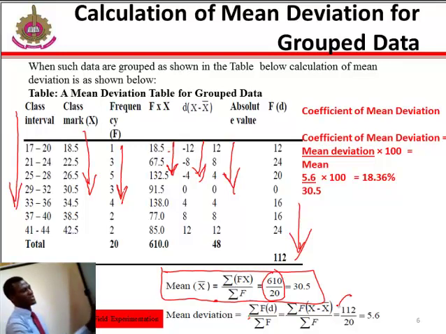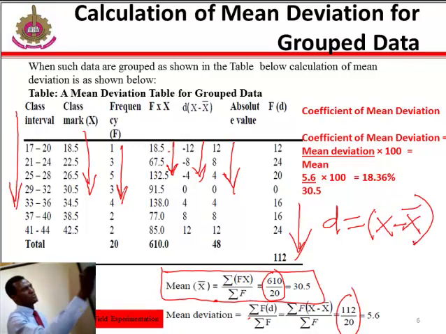Then we substitute it here. Don't forget that in this case, d is equal to our observation minus the mean value, so don't get it confused. At the end of everything, we have 5.6 to be our mean deviation.